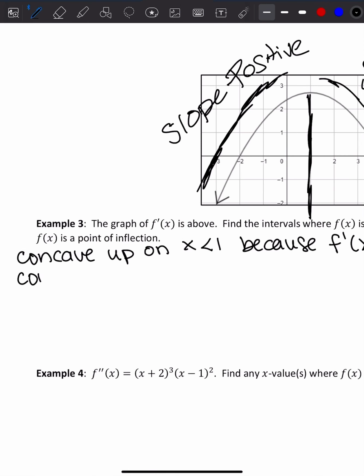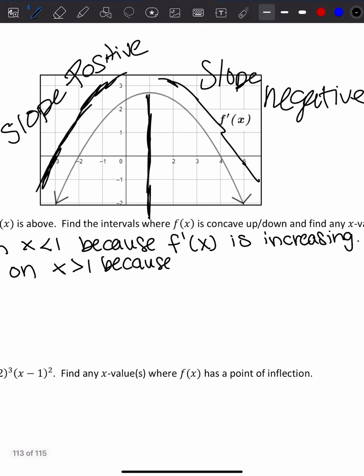We are concave down on x greater than 1 because f prime of x, our slope is negative, is decreasing. When we look at our graph where our slope changes from positive to negative, this would also be when our second derivative changes from positive to negative.